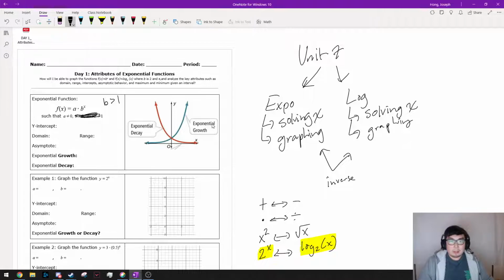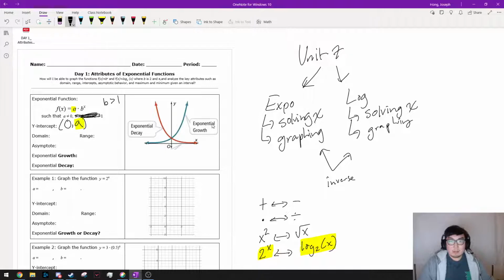The cool thing about exponential functions is that your y-intercept, where x is always 0, is going to be a. So whatever your a is right here is going to be right here. If a is 1, then your y-intercept is 1.